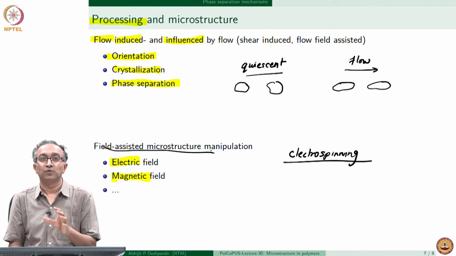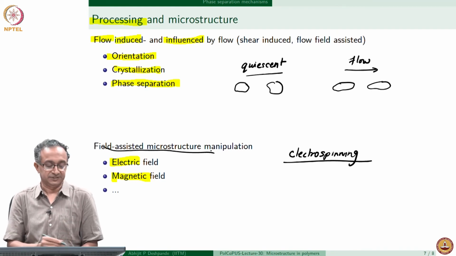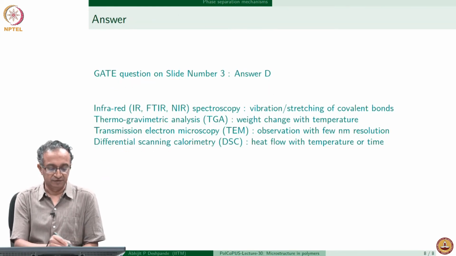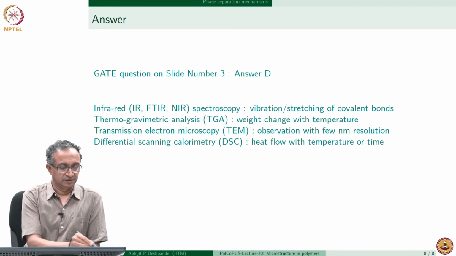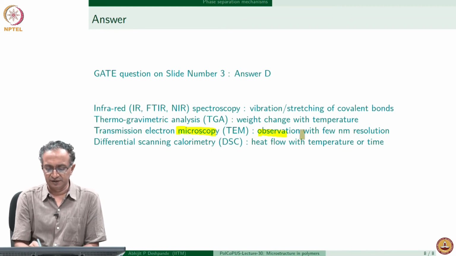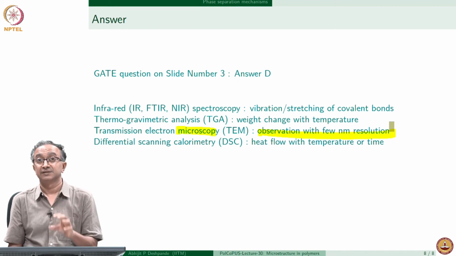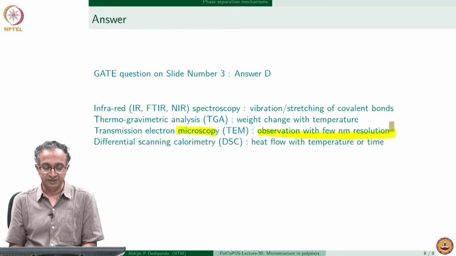When we want to understand the behavior of polymers, we have to look at all three aspects. And for morphology, we have seen that microscopy is used, and in a transmission electron microscope we can get results up to a few nanometers.